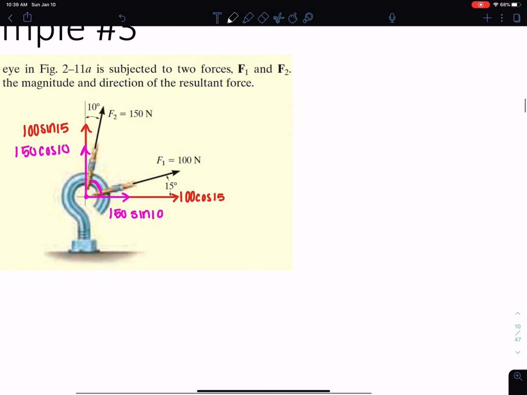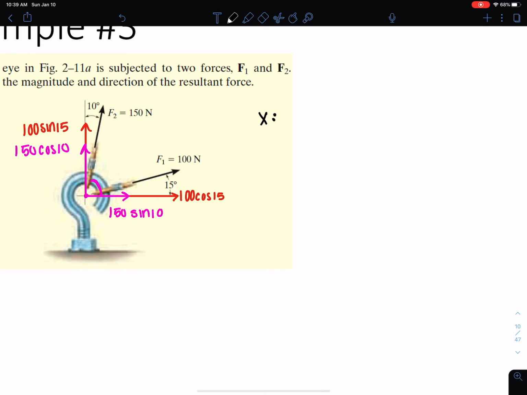So now what we're going to do is we're going to sum everything in the x and y direction. So let's start with x. What do I have in the x? I'm going to highlight it in yellow. I have this and this. So I would need to take the positive 100 cosine 15 and positive 150 sine 10. They're both in the positive x direction.